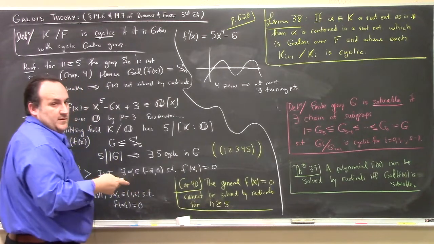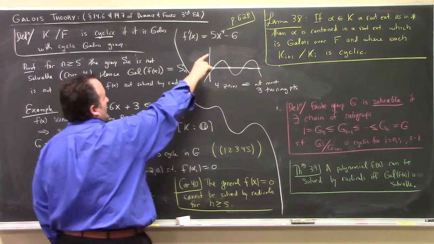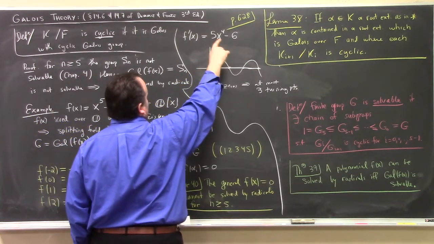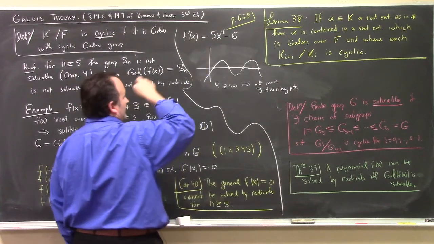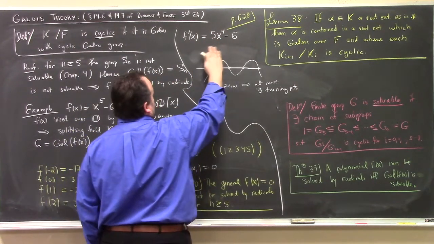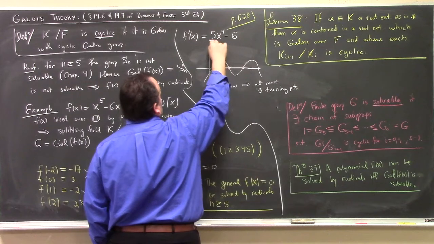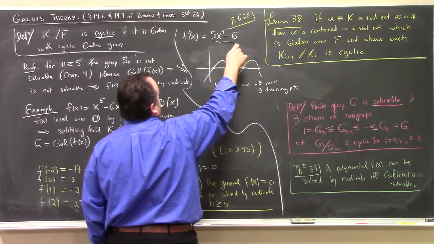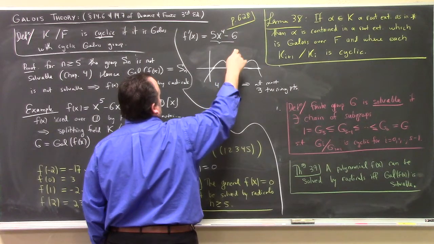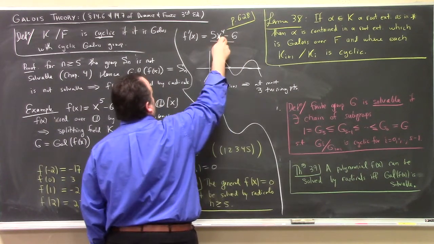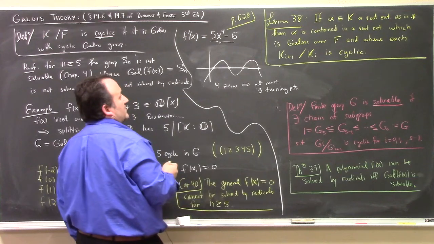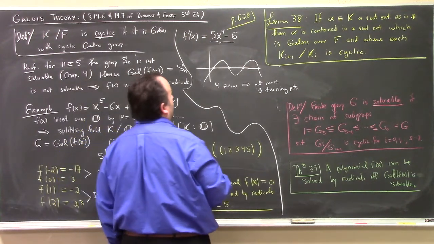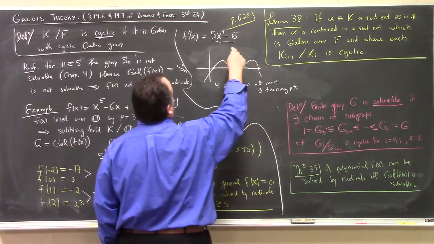So, but the thing is, our f prime is what? How many real zeros are there for this one? You can either have all 4 real, all 4 complex, or 2 and 2, right? No. This specific example, when is that 0? So plus 6 divided by 5 to the 4th.